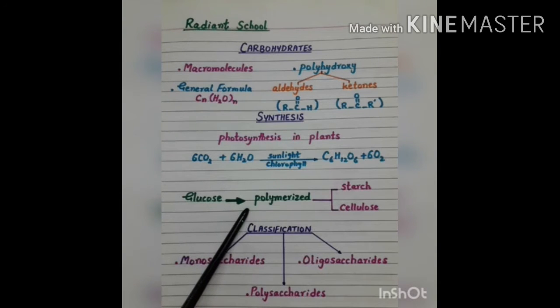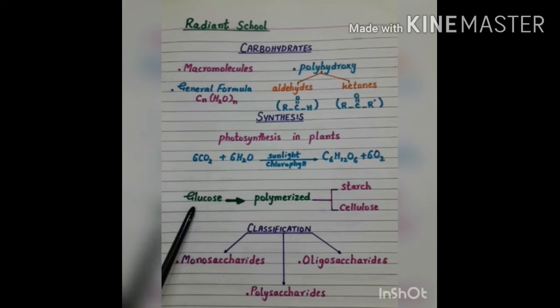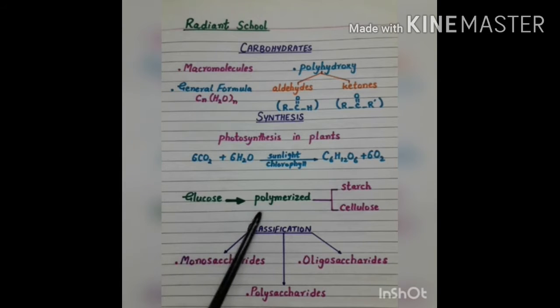Polymerization is the process in which smaller units combine to form larger units known as polymers. Those smaller units or single unit is known as monomer, and here glucose is the monomer. Glucose polymerizes to form starch and cellulose.